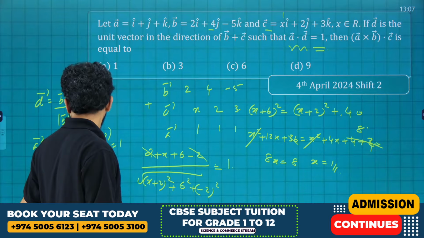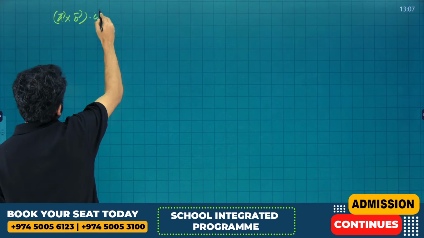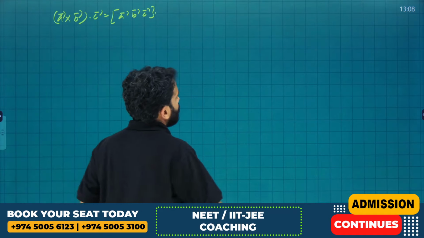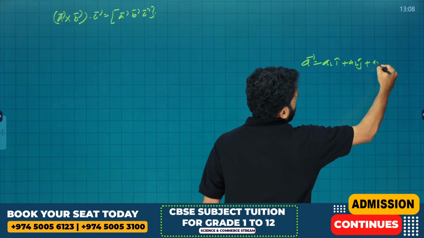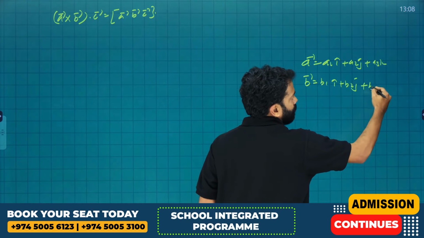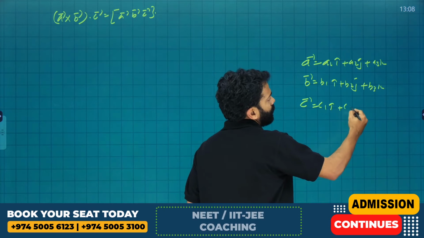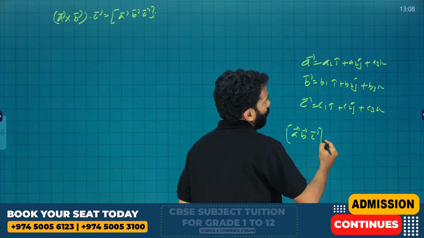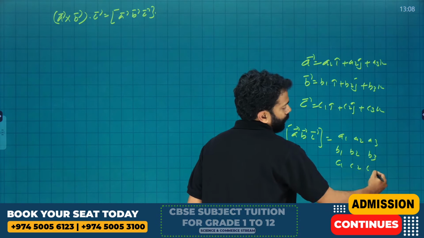In the next slide, vector A cross vector B dot vector C is equal to the box product of vector A, vector B, vector C. If vector A is equal to A1i plus A2j plus A3k, and like that vector B is equal to B1i plus B2j plus B3k, and vector C is equal to C1i plus C2j plus C3k, then the box product ABC will be the determinant with rows A1, A2, A3, B1, B2, B3, C1, C2, C3.